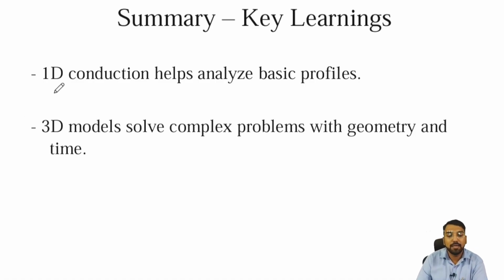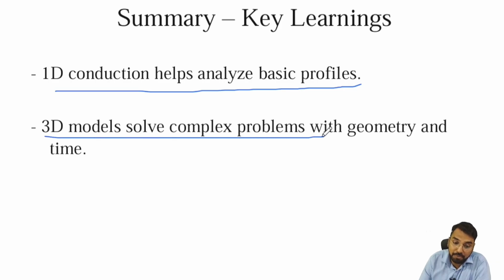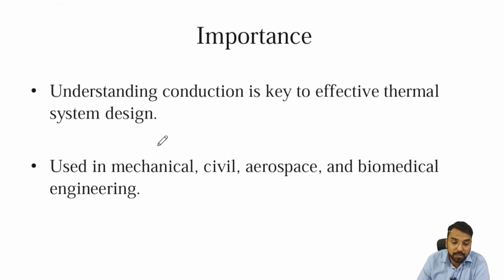So, summary of key learnings. The one-dimensional heat conduction equation helps us to analyze a basic profile, how the temperature is going to change in one direction, and three-dimensional models solve complex problems with geometry and time. Three-dimensional problems are more realistic and more complicated, but before going to them, we have to see the basic things, so the one-dimensional equation helps us analyze the basics. What is the importance of this?